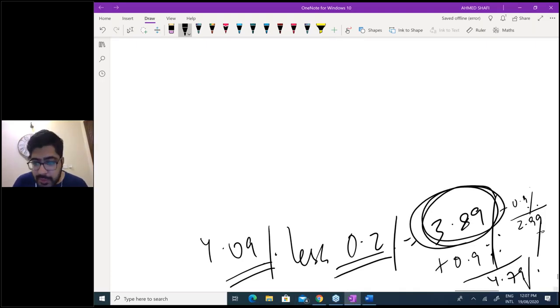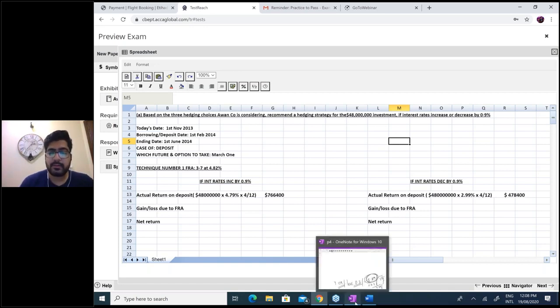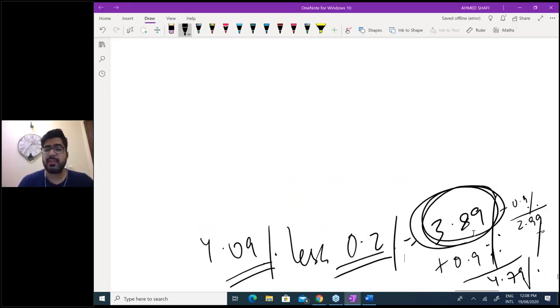We're doing the case where interest rates increase by 0.9. You can invest at 4.09 less 0.2, 3.89. If they increase by 0.9, you can invest at 4.79. And if it decreases by 0.9, you can invest at the interbank rate 4.09 less 20 basis points, 3.89, but you are doing the case where the interest rate decreases by 0.9.